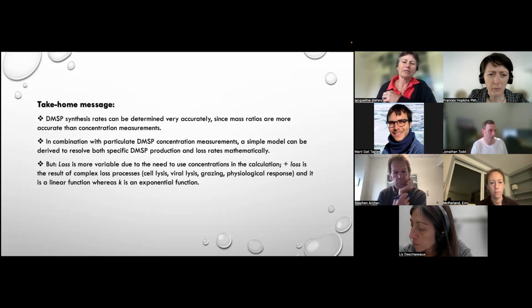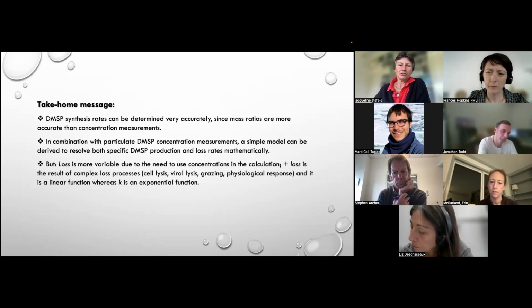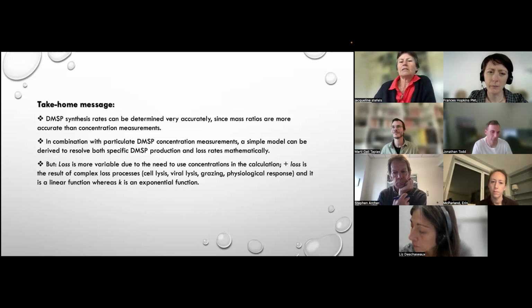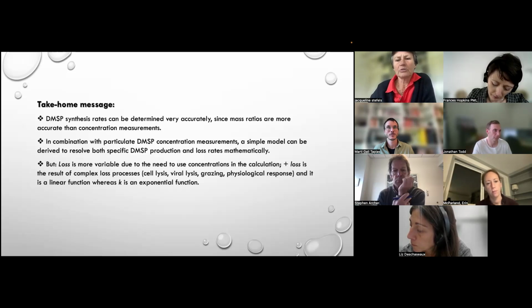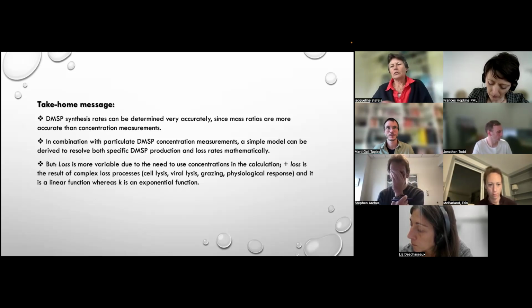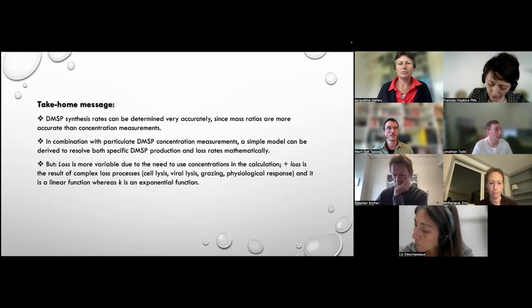But that's too far to go into detail here, because that's basically the topic of next week's workshop. It does show that the loss rate is always more variable than the production calculations, because the loss is much more complex, and because you need concentration measurements, etc.